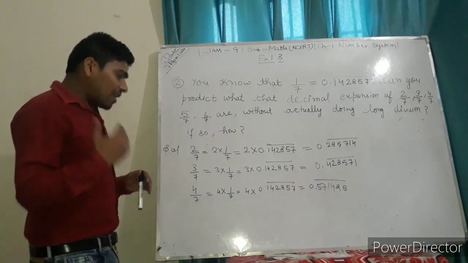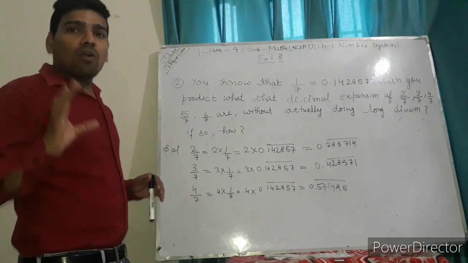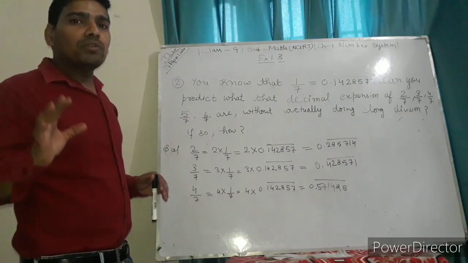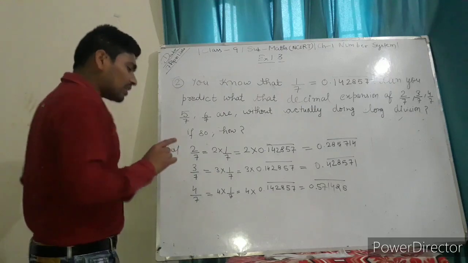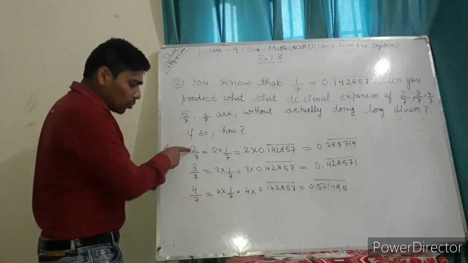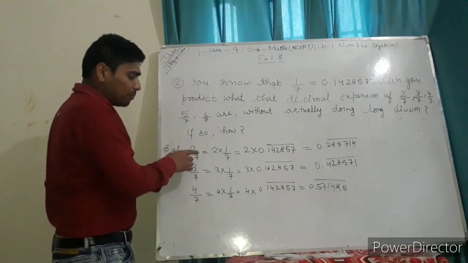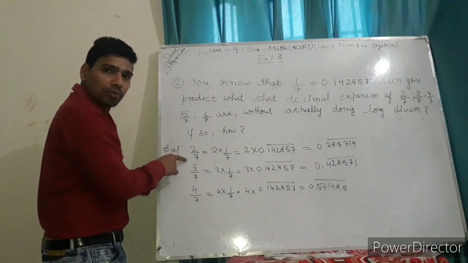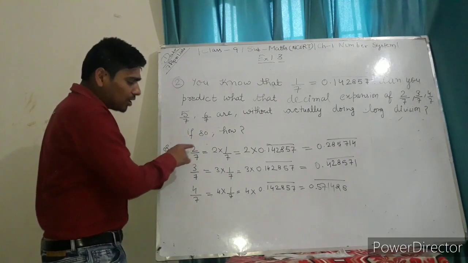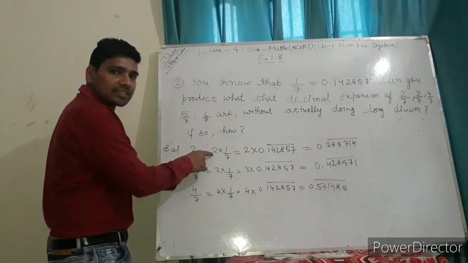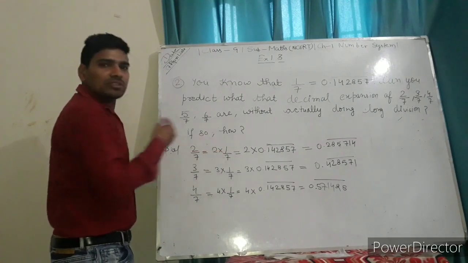So I am going to tell you how you will find it. We have to find out the value of 2 upon 7. You know very well 2 upon 7 can be written as 2 into 1 upon 7.